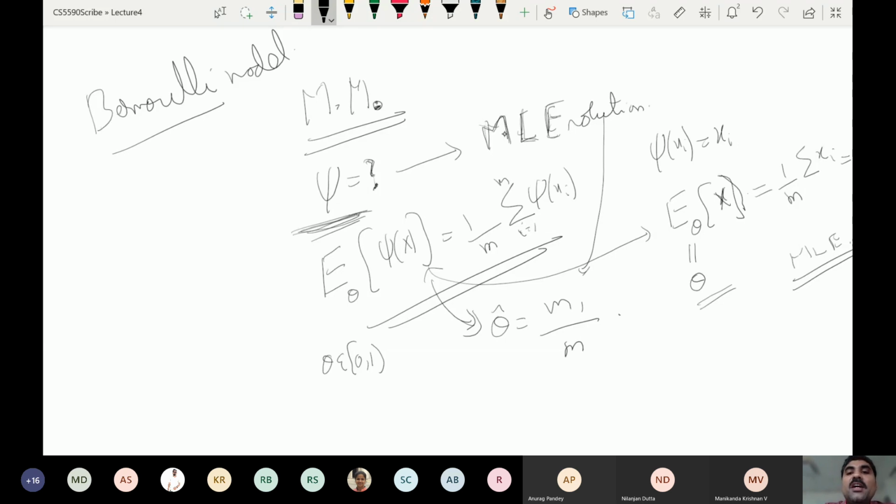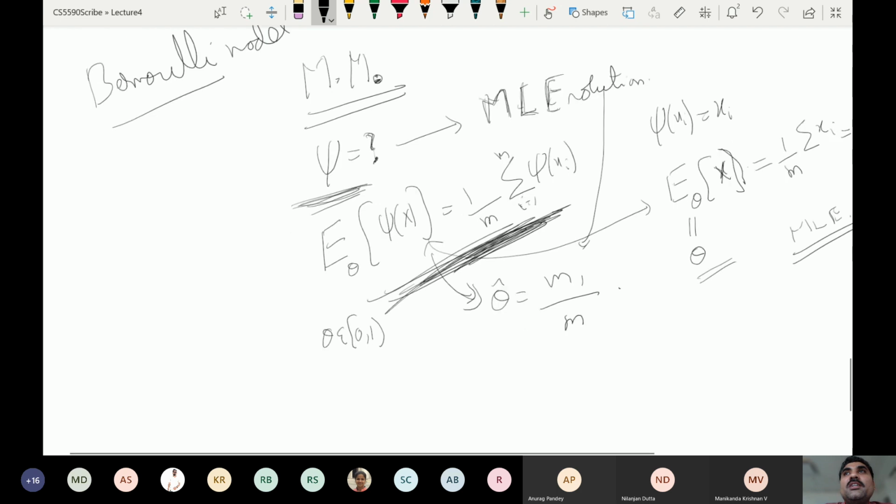Shortly, I'll introduce you to another model where it is difficult to solve the MLE problem, because you need to know results in optimization literature to solve optimization problems. Whereas to solve this, perhaps you don't need optimization. So this may be easier to solve in many cases. That's why it is important to understand method of moments also.